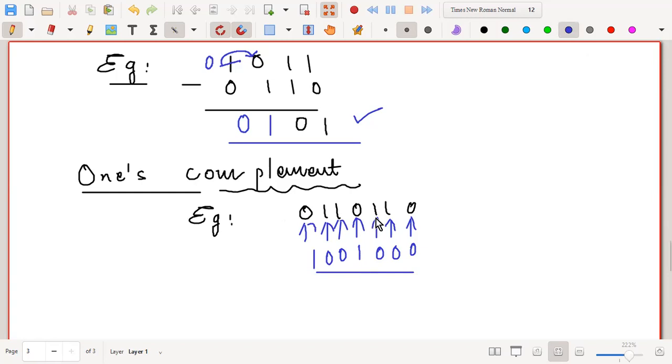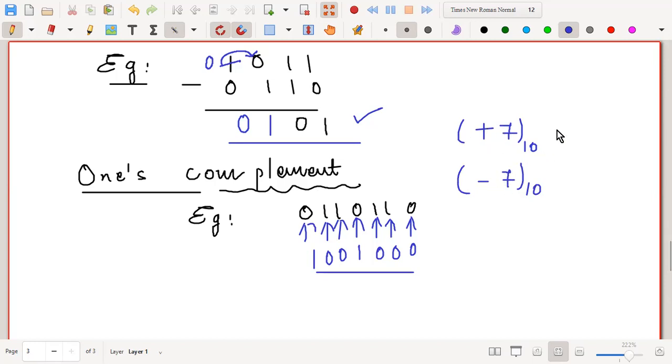Similarly, if any decimal number is given to you, you can represent that using the 1's complement. For example, +7. If +7 is represented in 1's complement, let us say this is decimal, what would be -7? Okay, this is actually the meaning of 1's complement. If one is +7, the other would be -7.